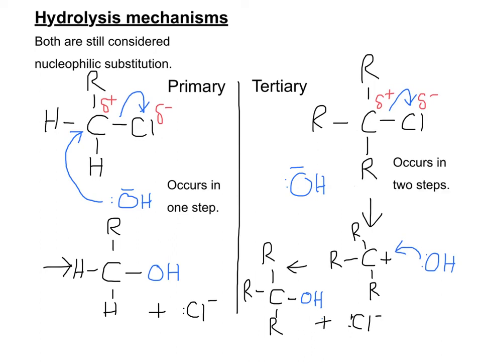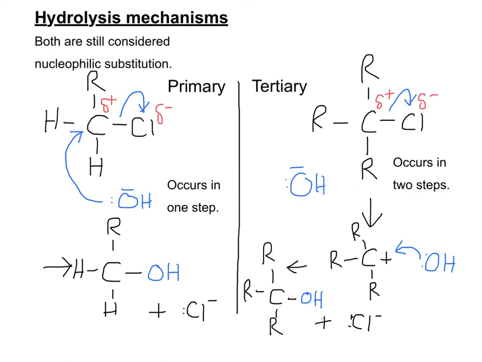So the first step is for the carbon-chlorine bond to break heterolytically. So that takes place at the top of the page, top right-hand corner. And the next thing to happen is that at the bottom, where the OH attacks the carbocation, that's your second step. So it's a two-step process.